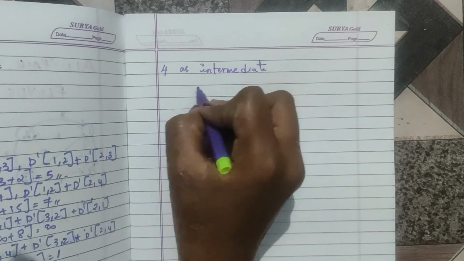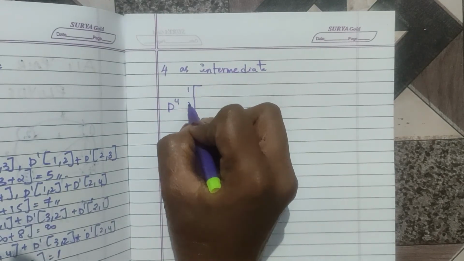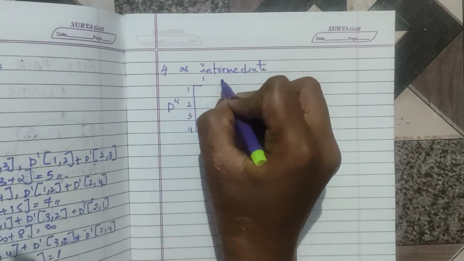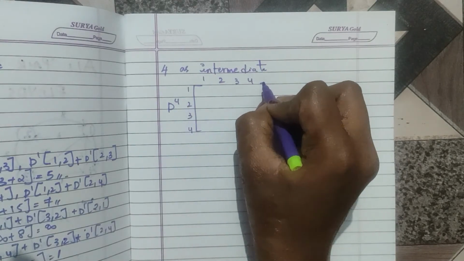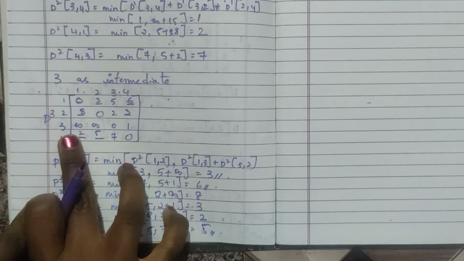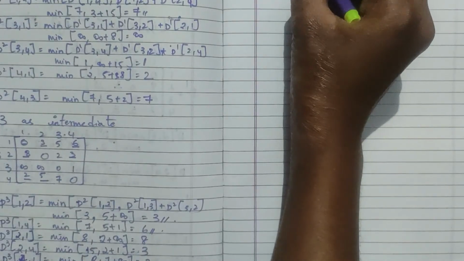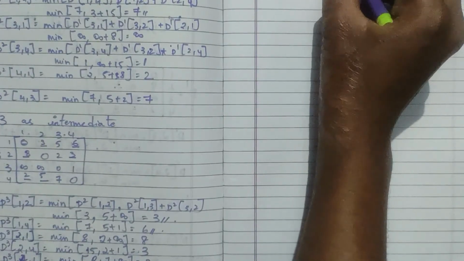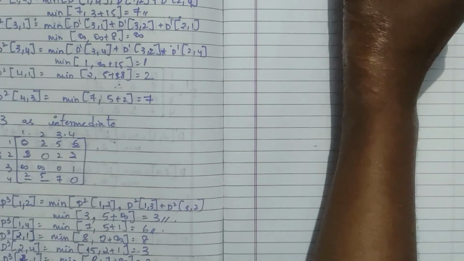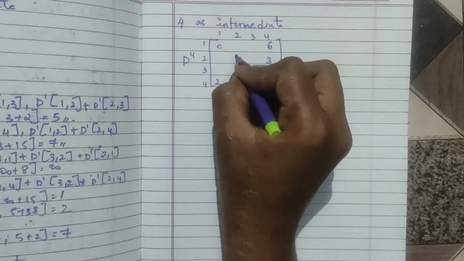Now what you have to do, you have to get the cost matrix of the intermediate third, your D3 values. So here it is 4. So here the fourth row and the fourth column will remain the same. And the diagonals will be 0.